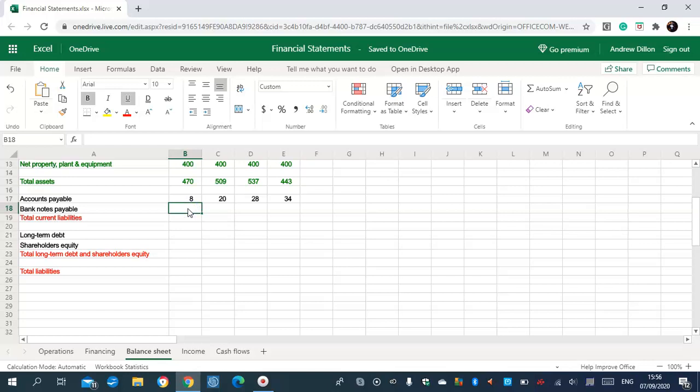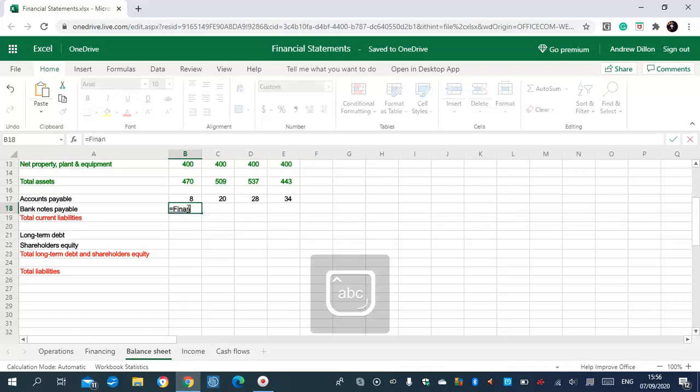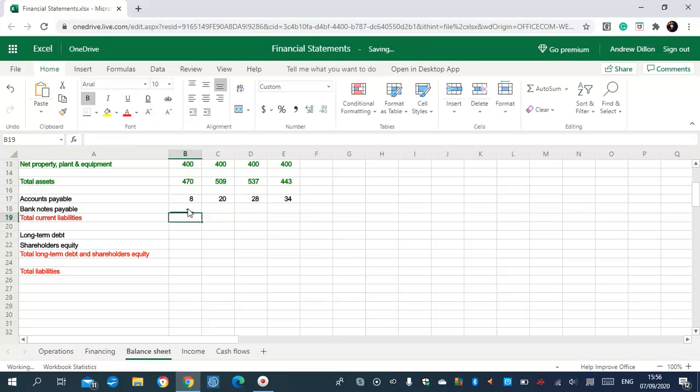Okay, bank notes payable is the next step to calculate. Okay, total current liabilities.